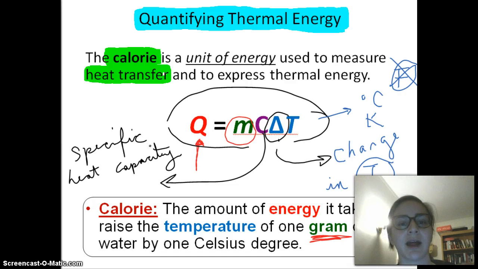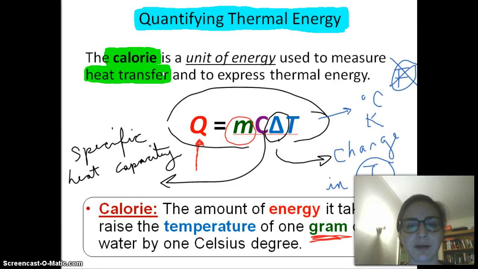It's a number, a measurement, that talks about how well that object or that substance can absorb energy. Some substances can absorb lots and lots of energy and not change their temperature very much, whereas other substances absorb a little bit of energy and their temperature soars. It just has to do with how the molecules interact in that particular substance.